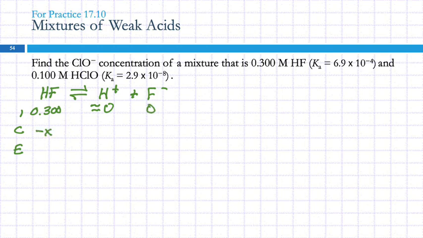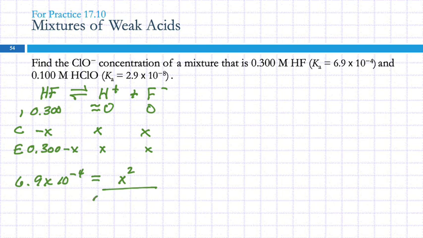We got minus x and plus x and plus x. 0.300 minus x. We've got x and we've got x. So 6.9 times 10 to the minus 4 is going to be equal to x squared divided by 0.300 minus x. We'll take a chance that x is small.